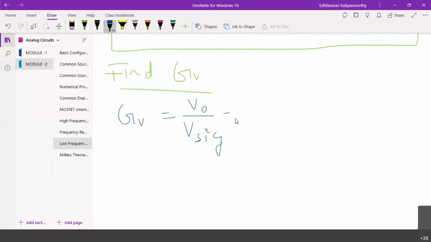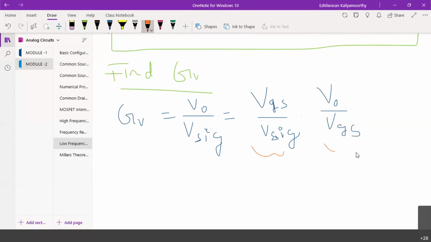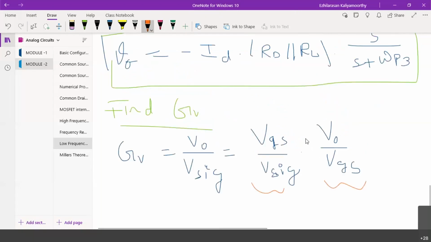Normally, that is simple: VGS by V sig into V naught by VGS. This expression is also there from the previous, so just substitute those things here.